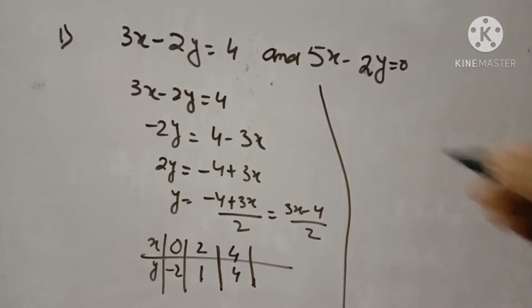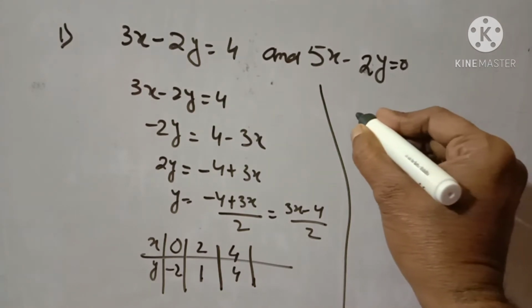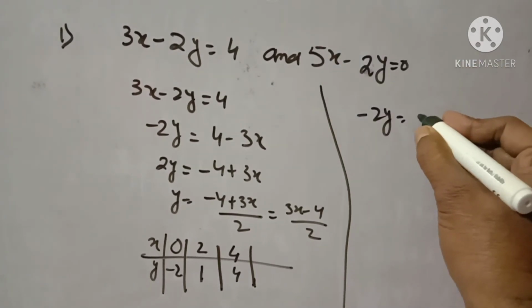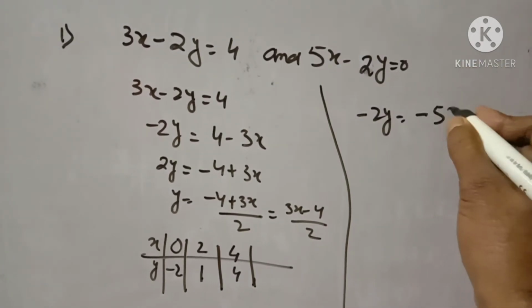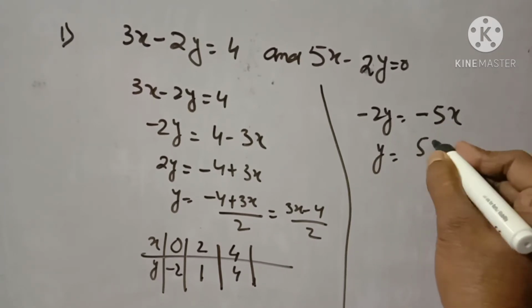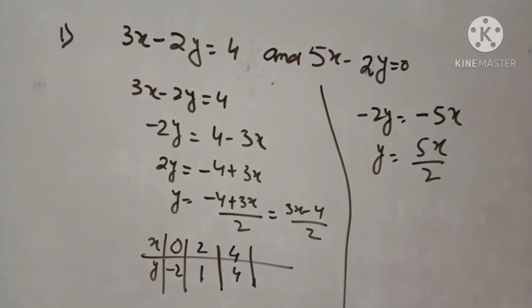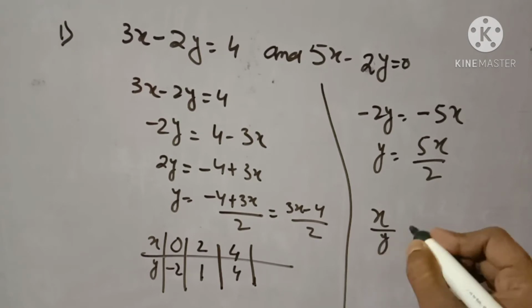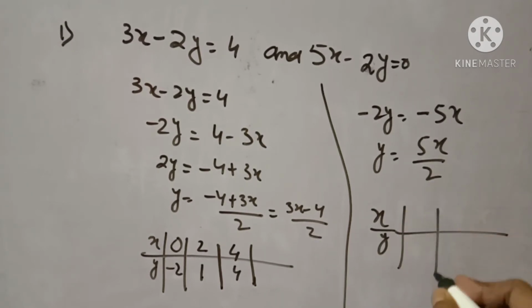Now here I can do like this only: minus 2y equal to, take 5x to this side, so it will come minus 5x. Minus minus cancel, y equal to 5x by 2. Now in the same way, take the value of x and you will get the value of y.